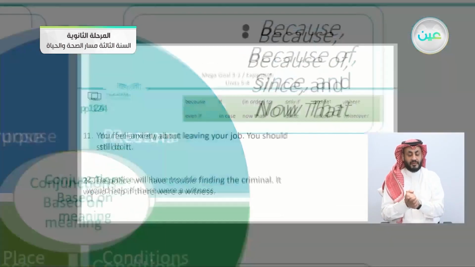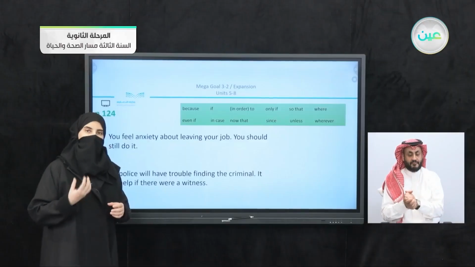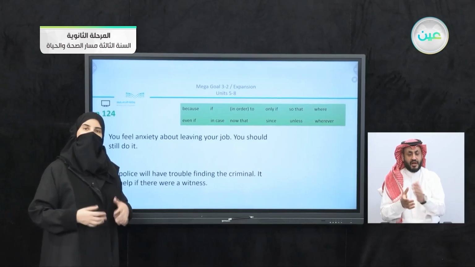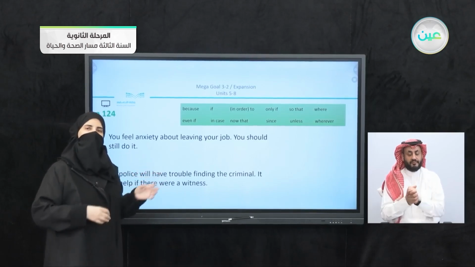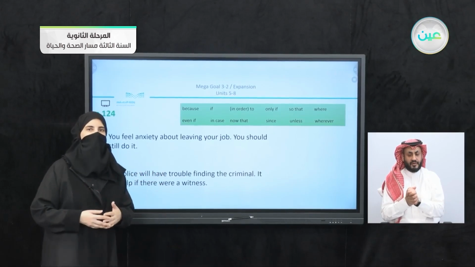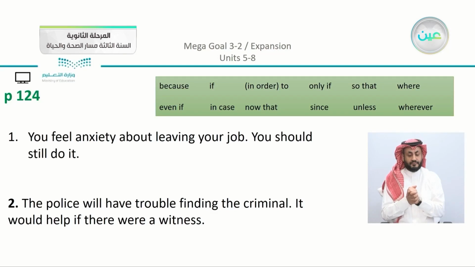So we are going to start with our exercise, and as we noticed that I used the word defects here, we are going to also make use of the sentences we have here by revising some new vocabulary that we studied. Now we have number 1. You feel anxiety about leaving your job. You should still do it.